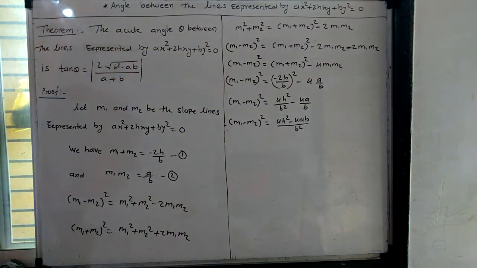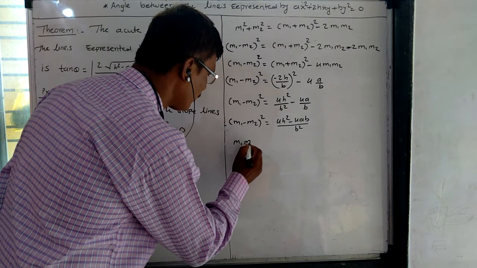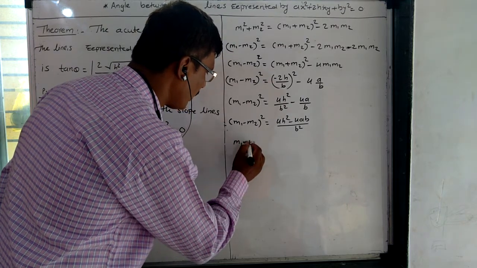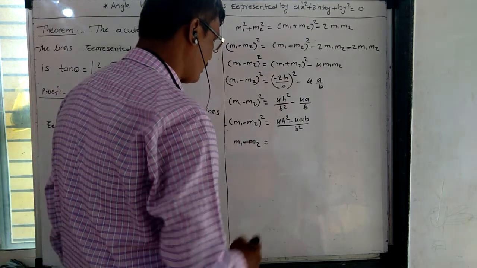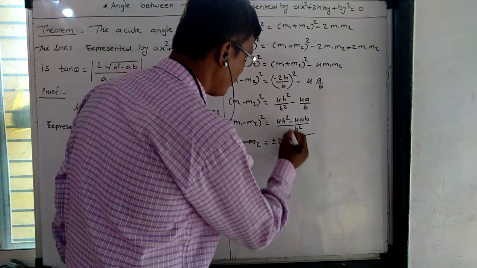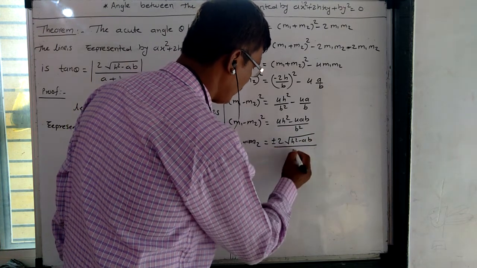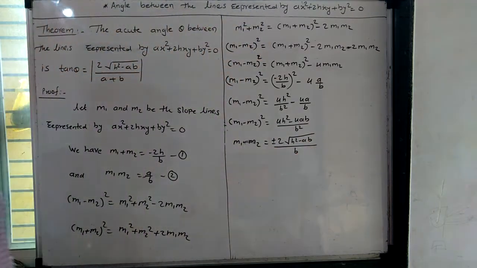Taking the square root on both sides, m1 minus m2 is equal to plus or minus 2 root of h square minus ab divided by b. This is the value of m1 minus m2.